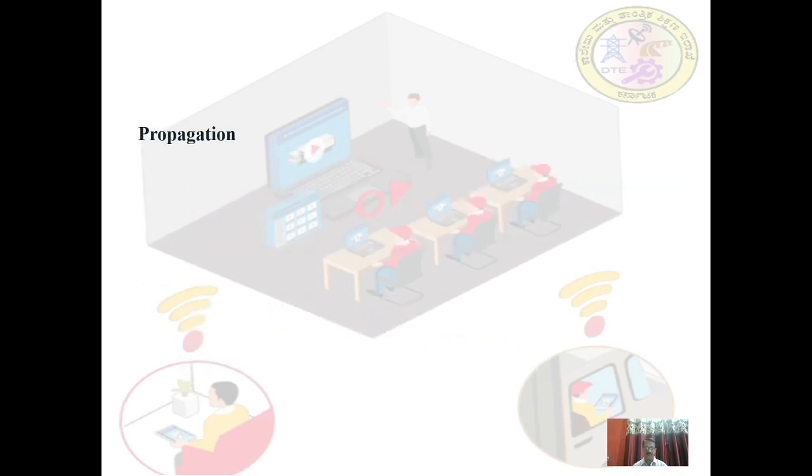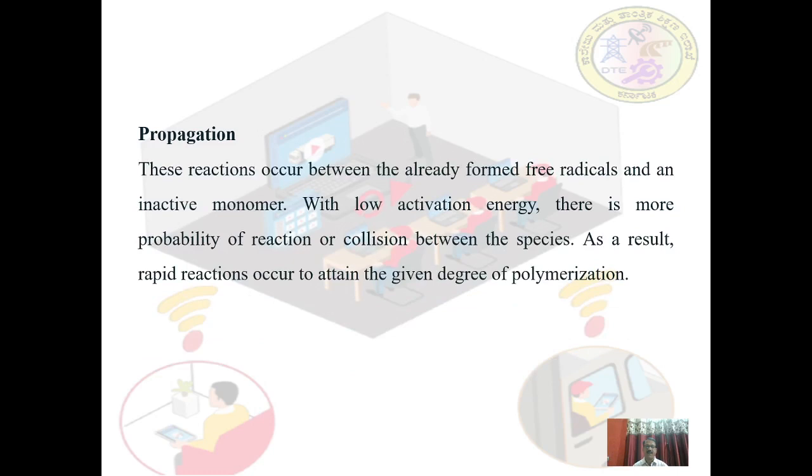Then propagation. Here, the reaction occurs between the already formed free radicals and an inactive monomer. With low activation energy, there is more probability of reaction between the monomers. As a result, rapid reaction occurs in the chain to attain the given degree of polymerization.